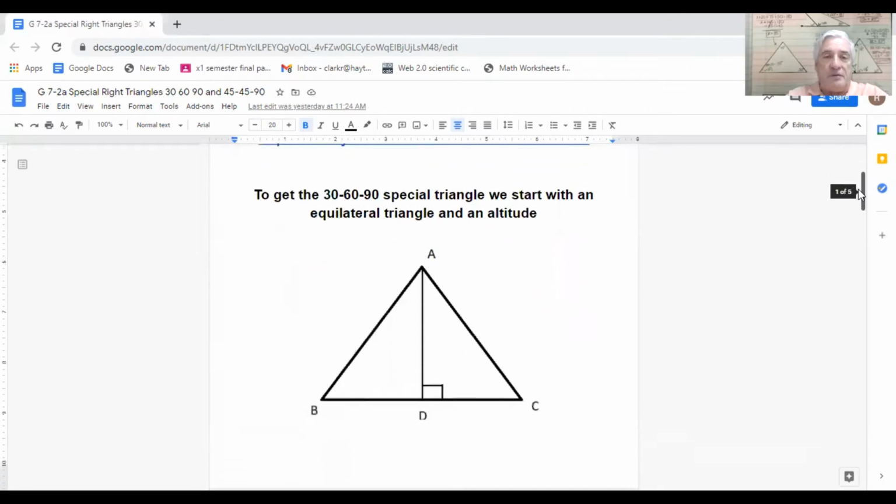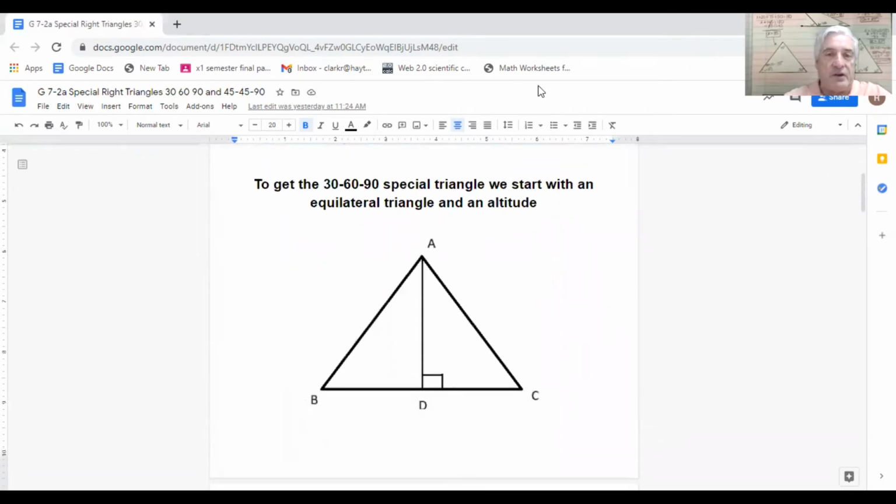Now, it might be important to figure out where the construction of these 30, 60, 90 triangles starts from. This is an equilateral triangle. And we know the altitude cuts this side in half and makes a right angle. So now, half the angle I'm looking at is ACD.